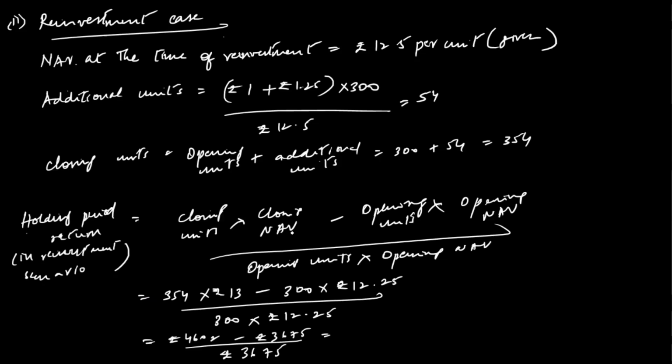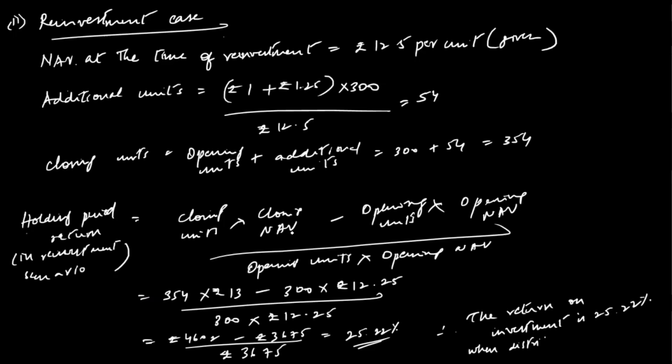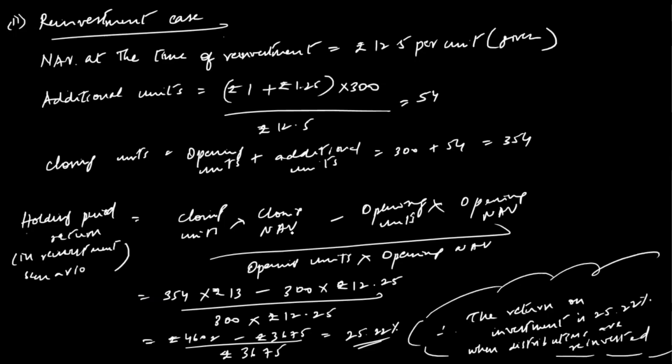So it is 25.22%. Therefore, the return on investment is 25.22% when distributions are reinvested. Okay. So this is the solution to the problem.